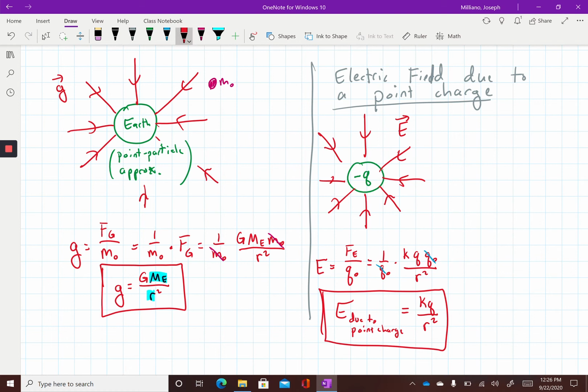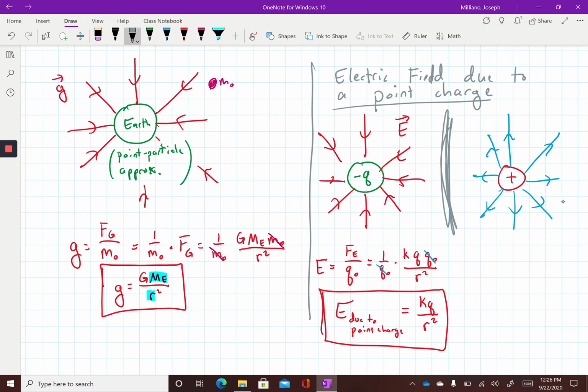The equation would be the same for a positive test charge, but the electric field would radiate away from the center rather than toward it. And I want to put a wall between those two to say that they're separate right now. So the equation would be the same because the derivation would be the same, but the direction would be different.